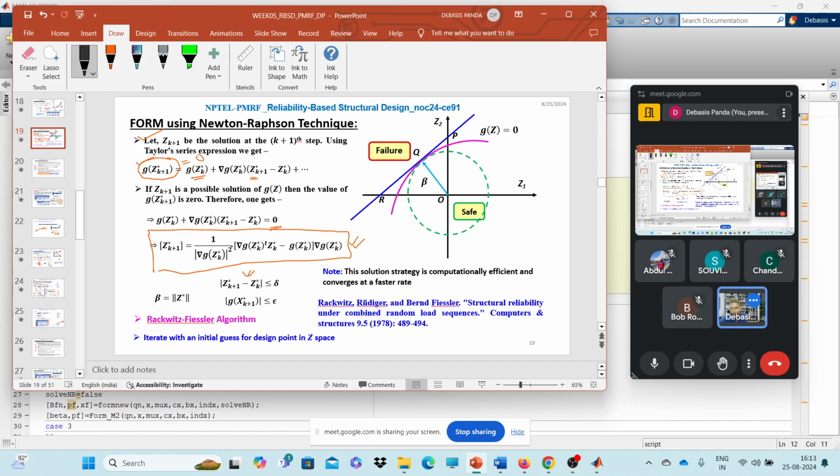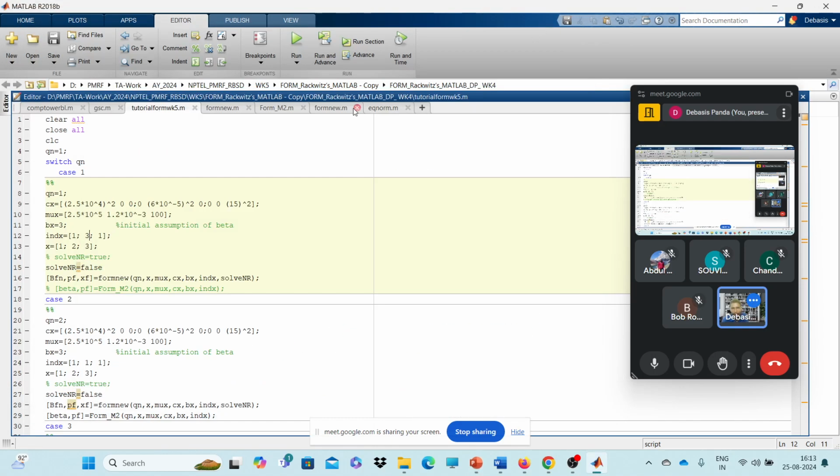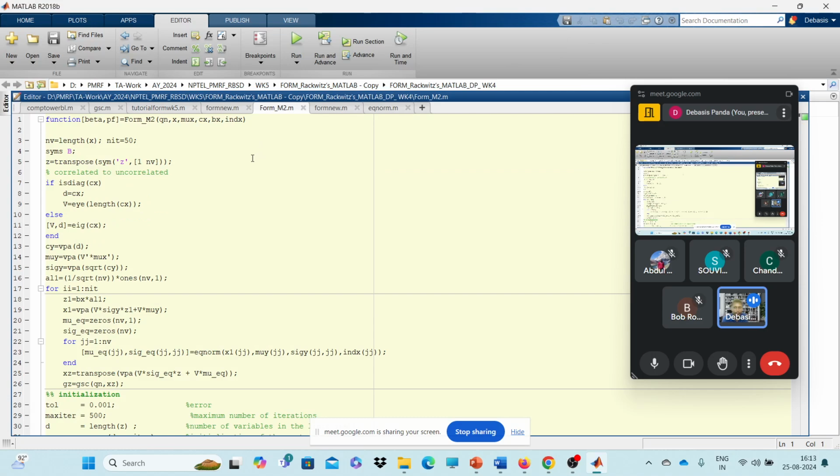So finally this matrix form of the equation we need to solve, or put in our function file. So let's make a code for this. I name it form m2, like form method 2. You can name it form Rackwitz-Fiessler algorithm, RF algorithm, whatever you want, but while calling it you need to enter the exact same name, otherwise it will not be called.